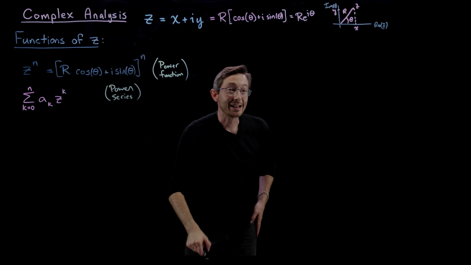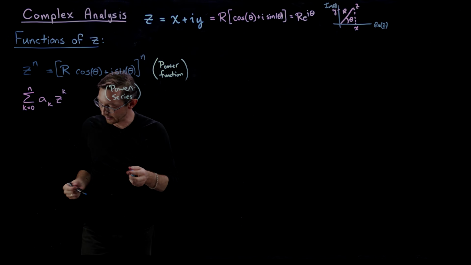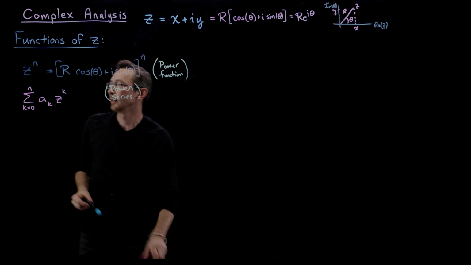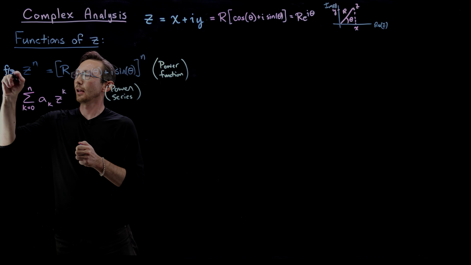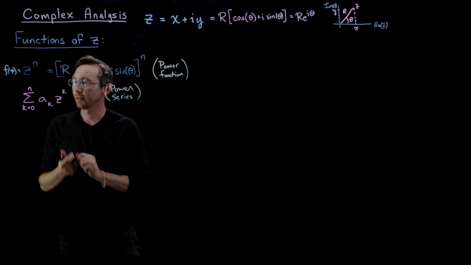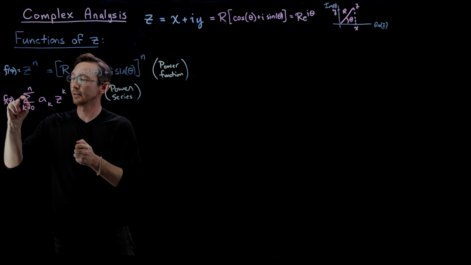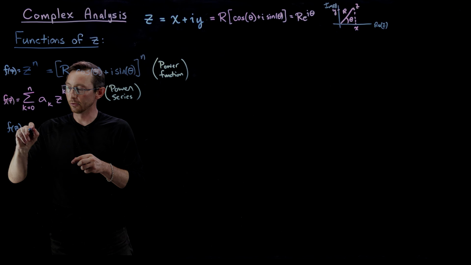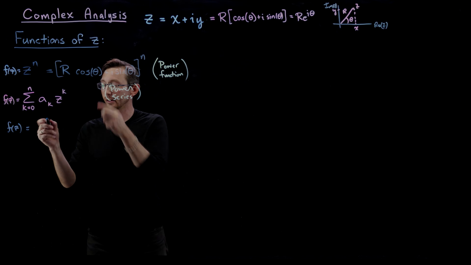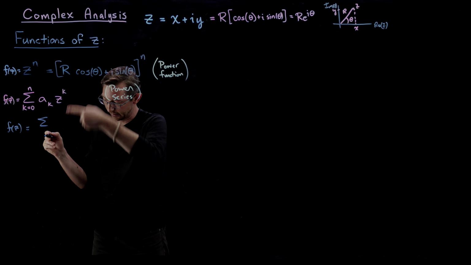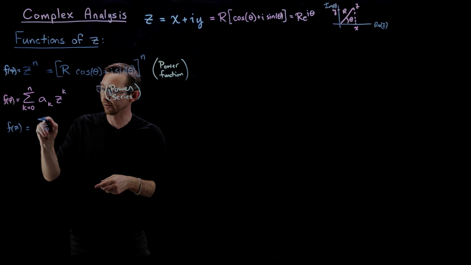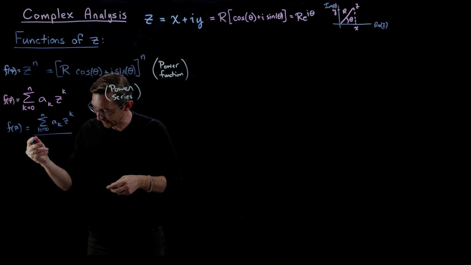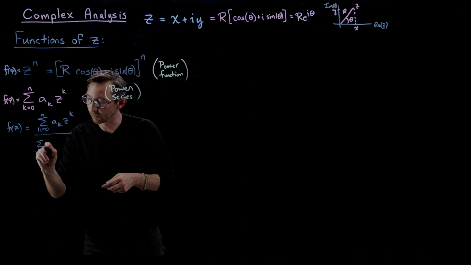I can also do things like create a rational function. I should probably call these f of z's. So f of z equals a rational function, basically a ratio of two different power series: the sum from k equals 0 to n of a_k z to the k, divided by the sum, let's say, from j equals 0 to m of b_j z to the j power.